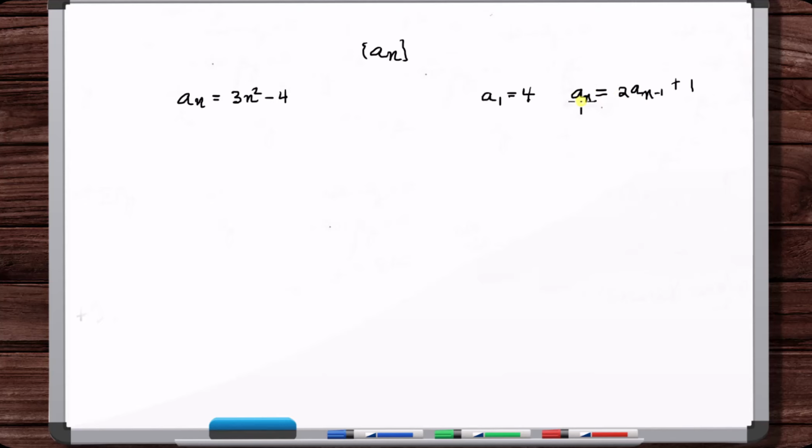But you see, to write a recursive formula, you need to give an initial term. Technically for any sequence you need to specify the range of n, like n is greater than or equal to 1, or 0, or maybe from negative infinity to infinity.